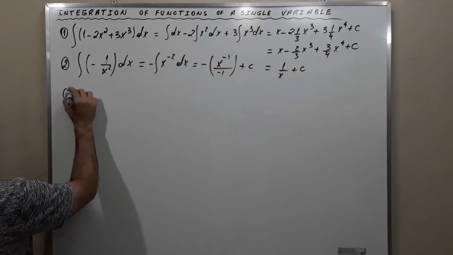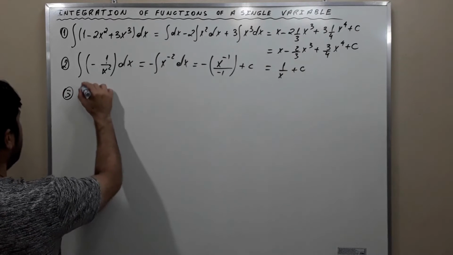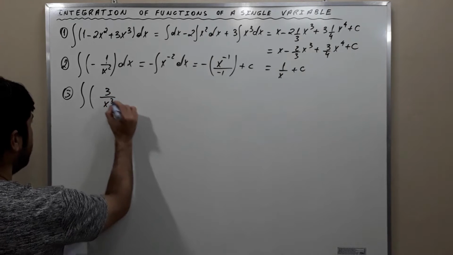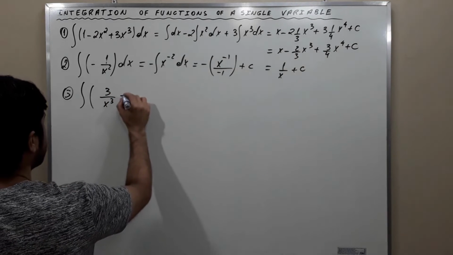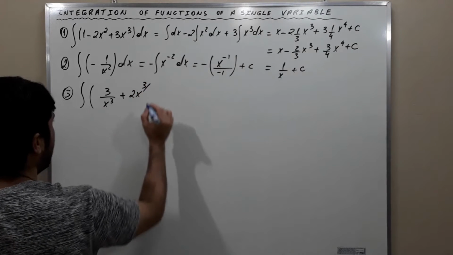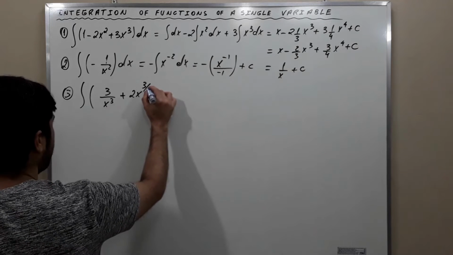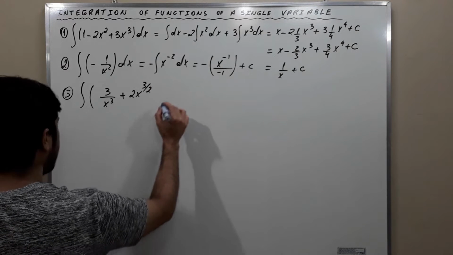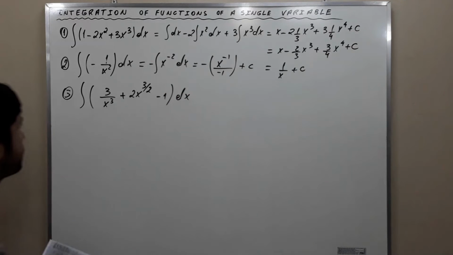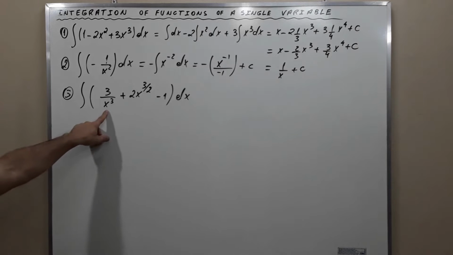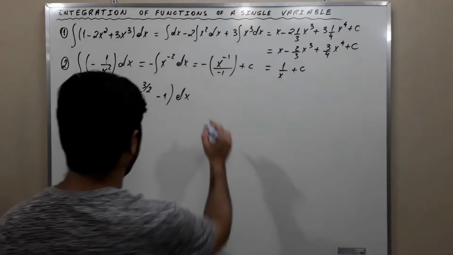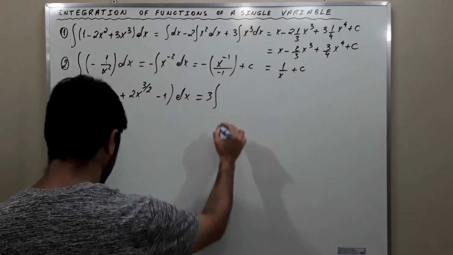Exercise 3 is going to be the integral of 3 over x cubed plus 2 times x raised to the power of 2 halves minus 1 dx. Okay? We are going to proceed with this as we did before. It is going to be 3 times the integral.